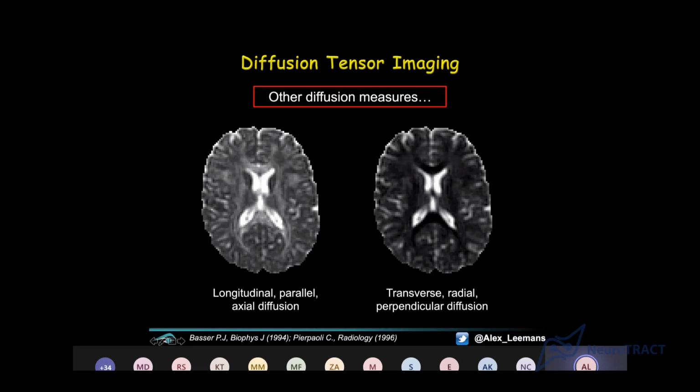By contrast, on the right image, the transverse diffusivity, or radial or perpendicular diffusion, these are all kind of synonyms to each other. If you look at the amount of diffusion there, it will be lower, right? The signal will be lower in that image because of barriers. These molecules cannot quickly progress against the orientation of the pathways.